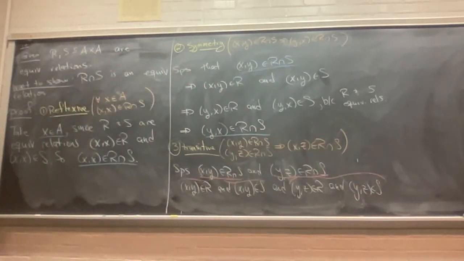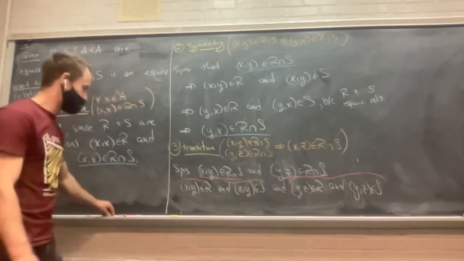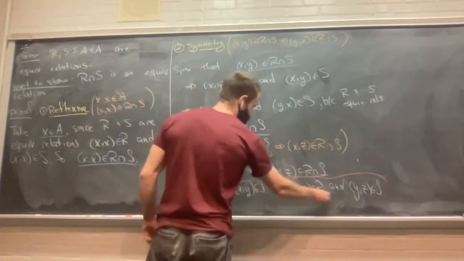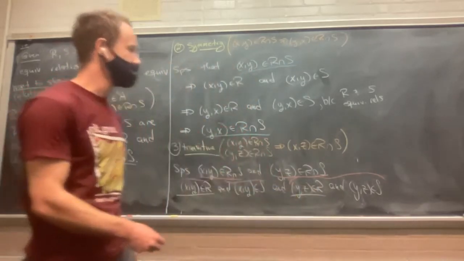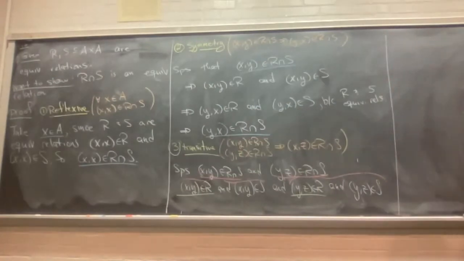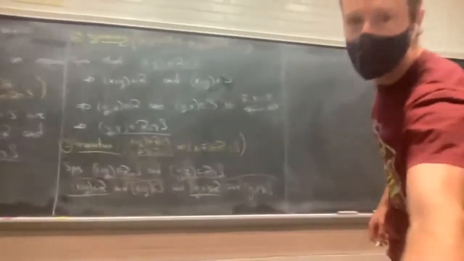Okay. Now we can mix and match these. Maybe we would match this one with this one and get the fact that (x, z) is in R. So let's do that.